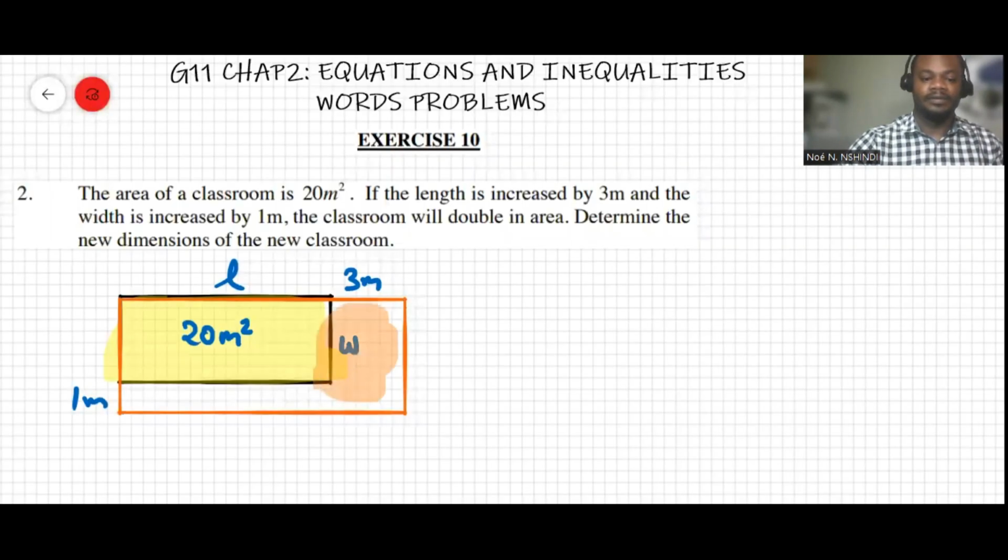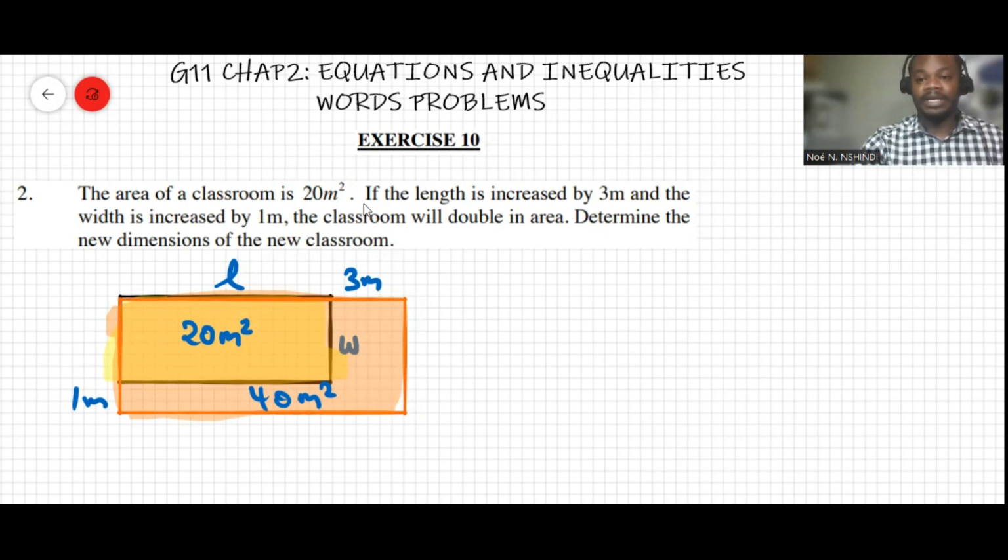This area here will become 40 meters squared, because double of 20 meters squared is 40 meters squared. So we want to find the dimensions of the new classroom.